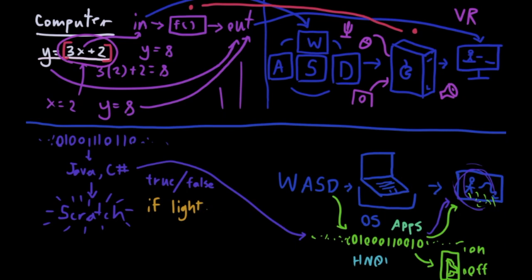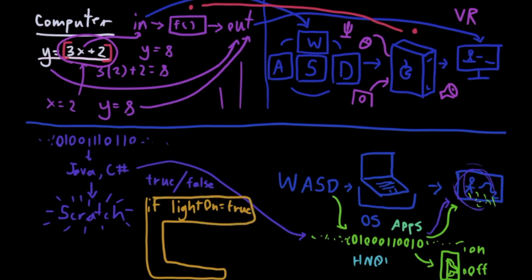We'll say if light on is true, then you do a certain amount of commands. And you will directly see this in Scratch. So if our light is on, then tell the computer to do a certain number of things that we can define later on.